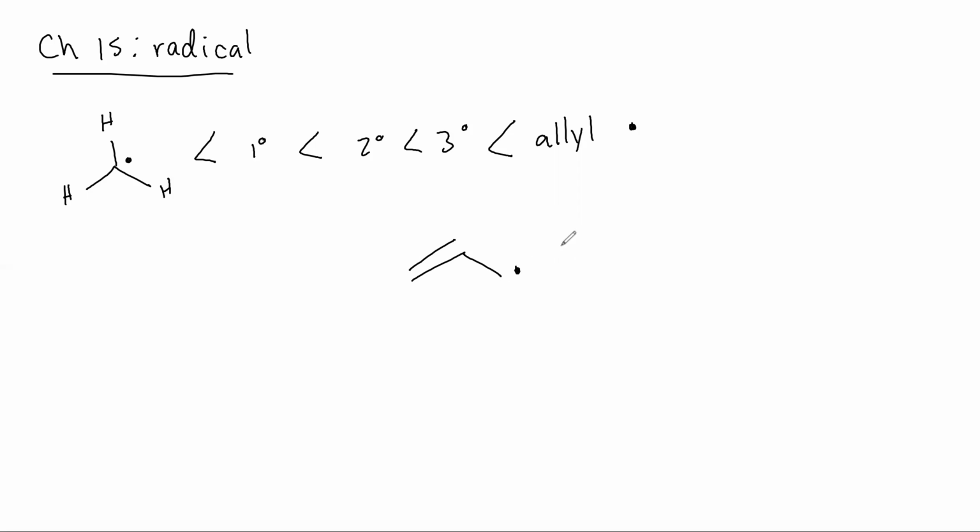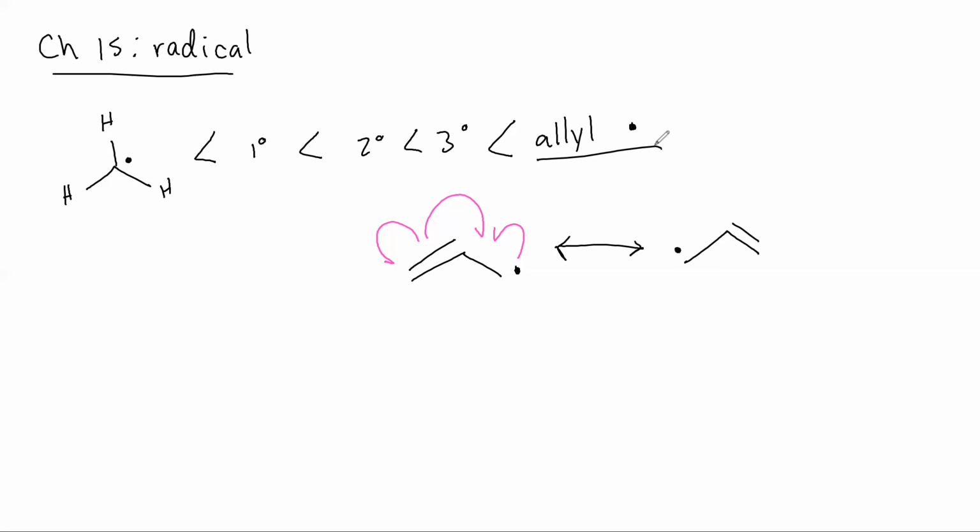And the reason why this allyl radical is so stable is that it has a resonance structure where this double bond flip-flops over here to combine with the one electron that creates the radical, and the other electron from that double bond goes to the other side of the double bond, and we end up with a resonance structure here, which makes this allyl radical very stable.